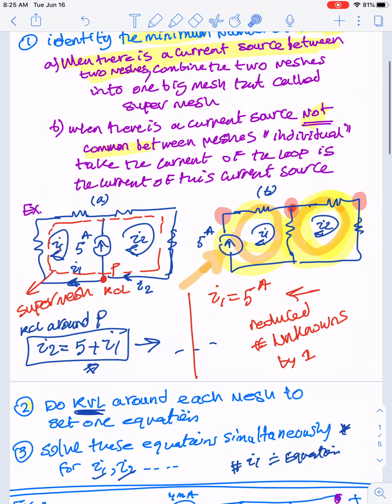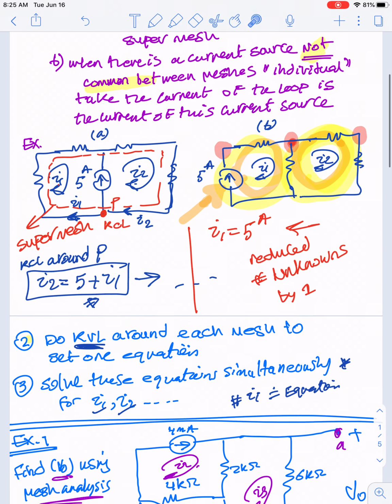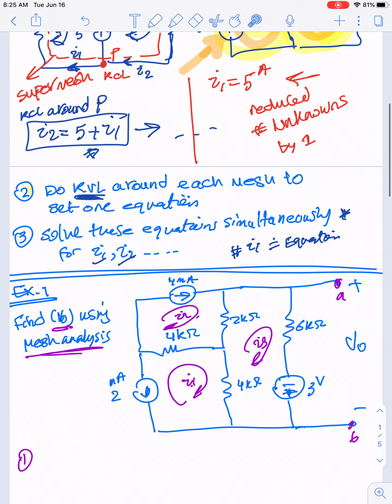So what about trick B? It says to search for the current sources that are individual. Yes, we have here one current source, and this current source is related only to loop 1 or mesh 1, and also this current source is related only to loop 2.